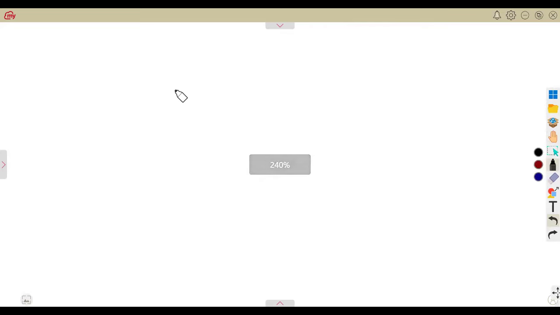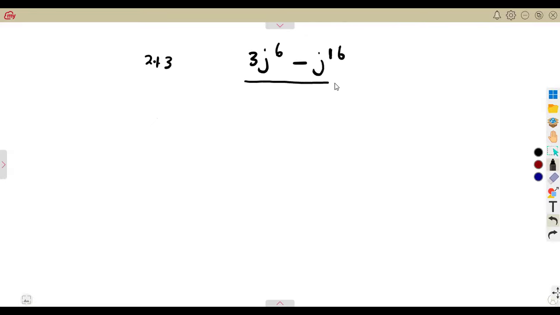This was given as 2.13, where we are given 3j to the exponent of 6 minus j to the exponent of 16. Everything like this is over 1 minus 2j. Okay, this is what we have. And we are supposed to express it in the form of a plus jb.